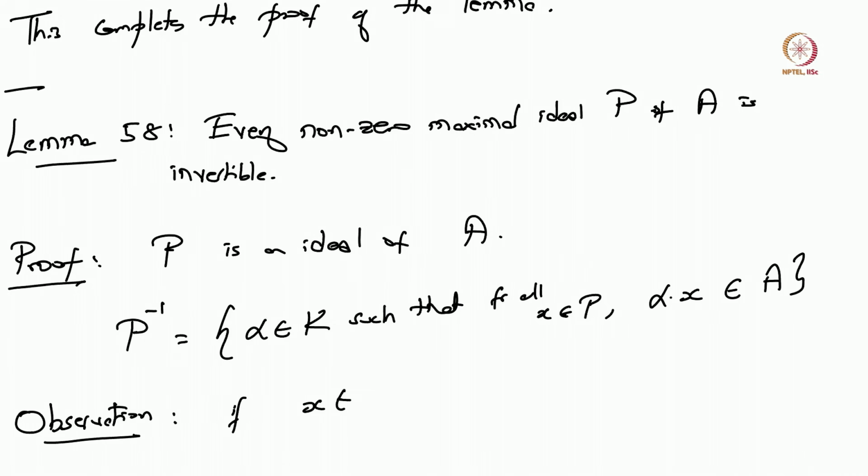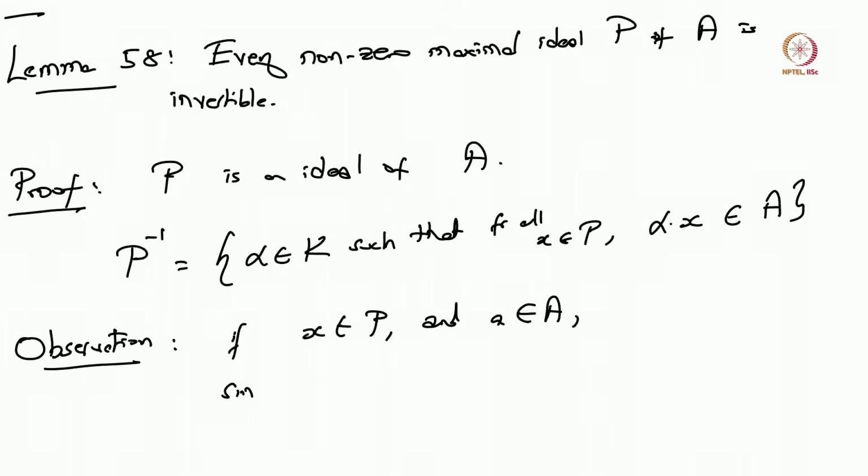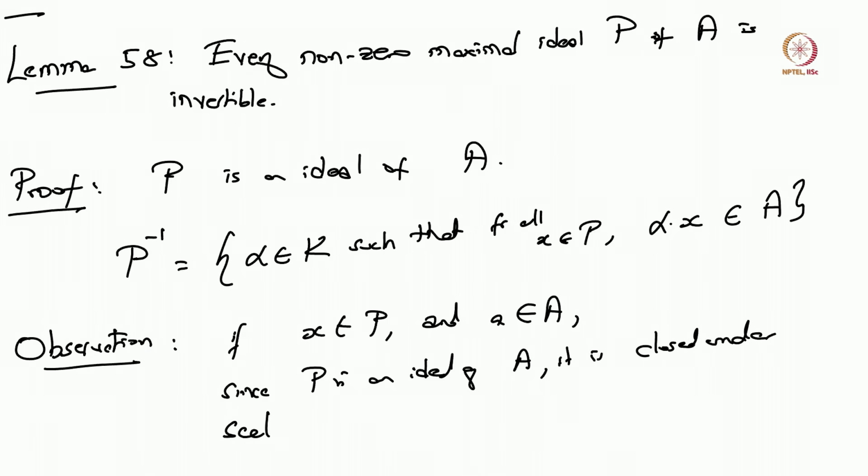Okay. So if you take an element little x in P and an element little a in A, since P is an ideal of A, it is closed under scalar multiplication.